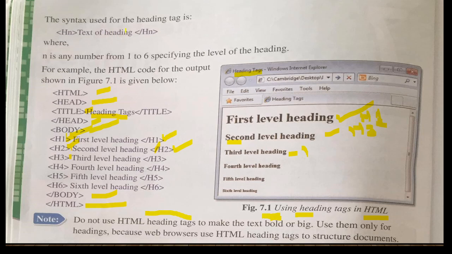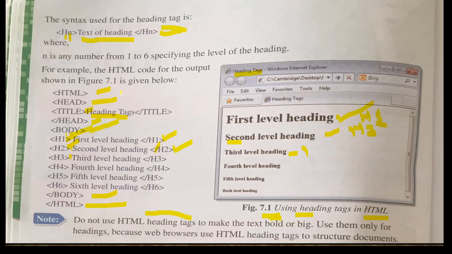So the syntax used for the heading tag is H followed by the number. N stands for number. And then you can see here there is a text of heading, and then the closing tag. So for example, the HTML code for the output shown in this figure is given below.